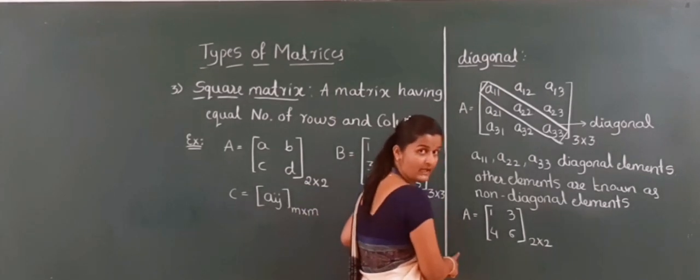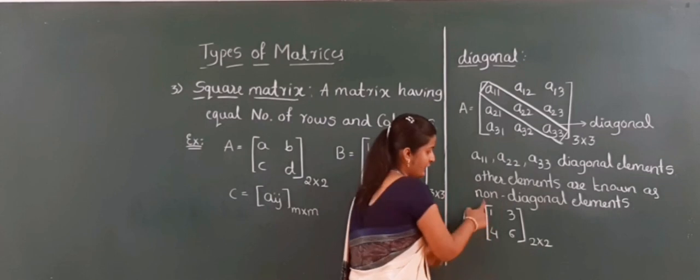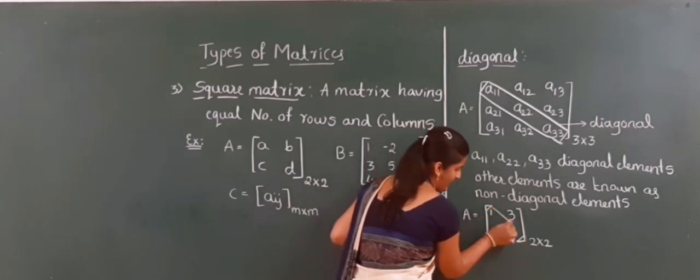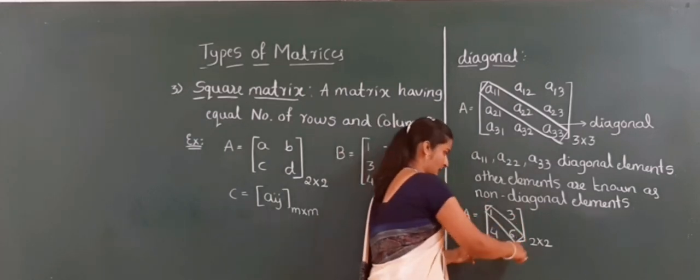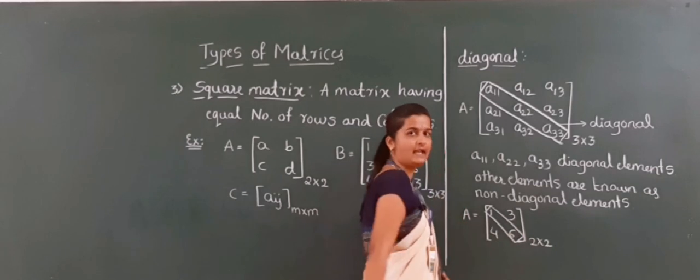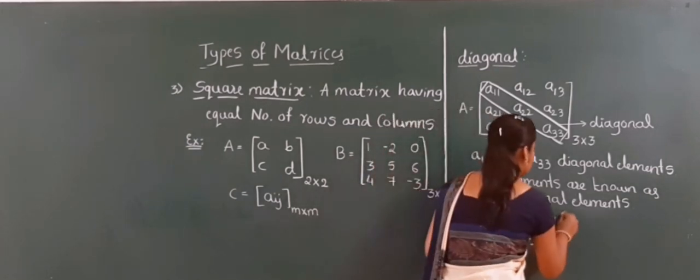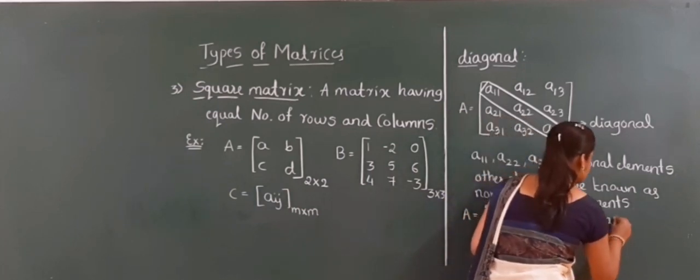So, how to write the diagonals? From the left side top to the right side bottom. This is known as the diagonal, if this is a square, and the elements present in this diagonal, that is 1, 6, are diagonal elements.